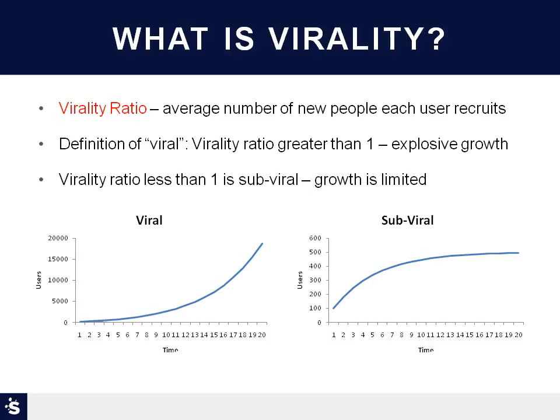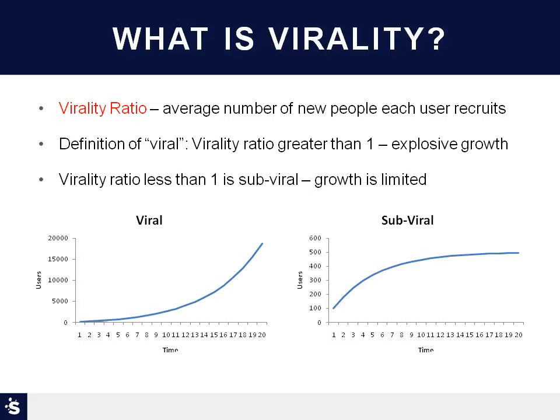Something that actually goes viral is something where that virality ratio, that amount of spread, is greater than 1. So for every person that comes in, they're getting more than one of their friends to come back and check it out as well. And so you get this explosion, where even if you start with only a handful of people, you can end up with thousands or even tens or hundreds of thousands of people coming in and engaging.